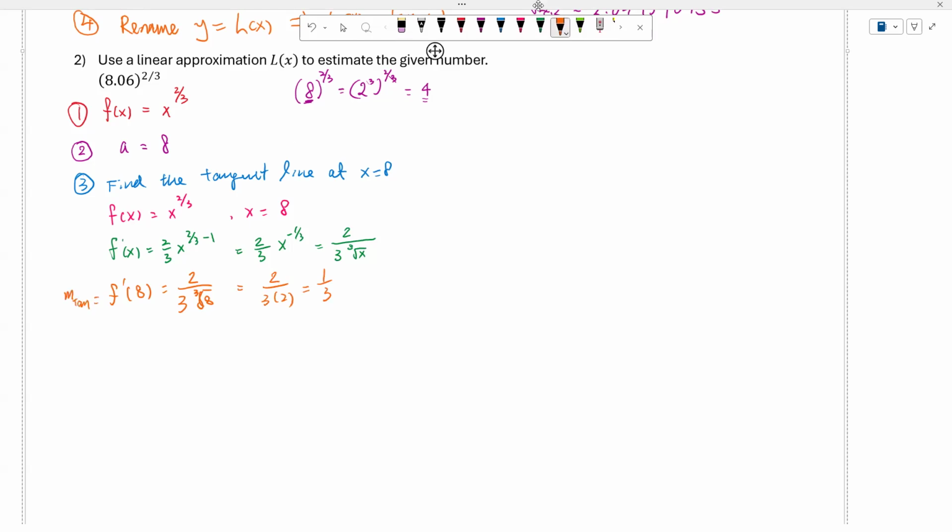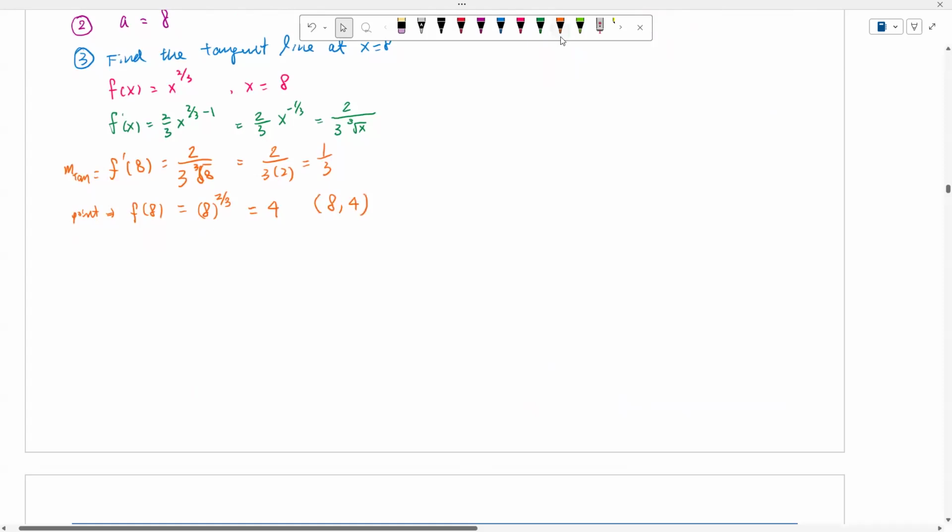And then we are looking for the point now, right? Then I would like to evaluate f of 8. So it will be 8 raised to the power of 2/3, and then we find that this is equal to 4. And now we have y minus 4 equal to 1/3, the slope, times x minus 8.